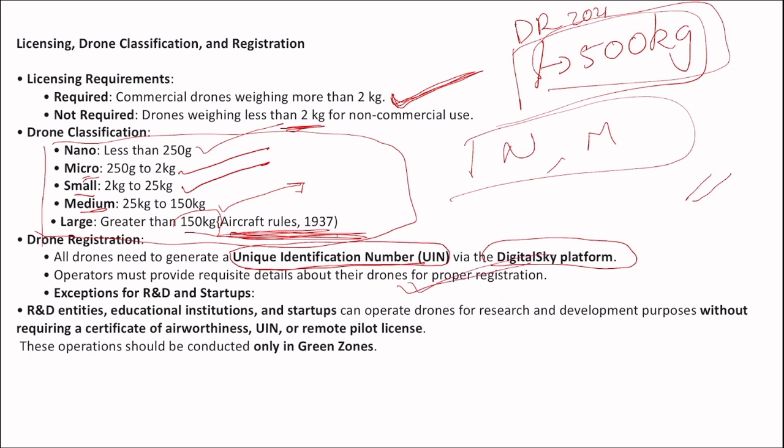But there's an exception for research and development and startups. For them, without a certificate of airworthiness, a unique identification number, or a remote pilot license, you can actually run your drones.